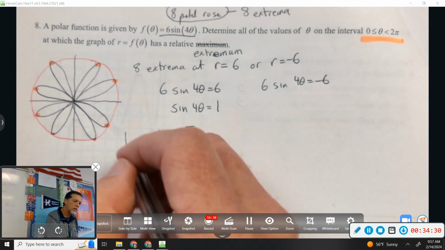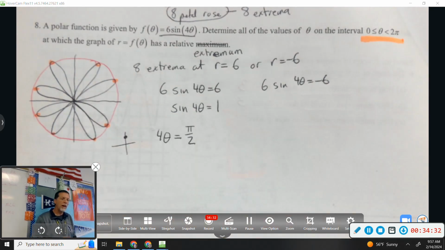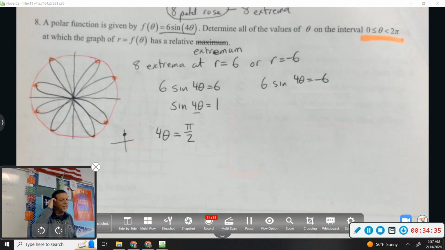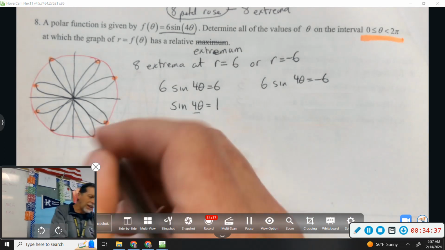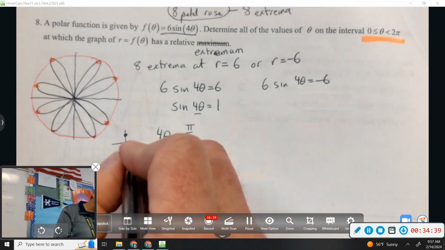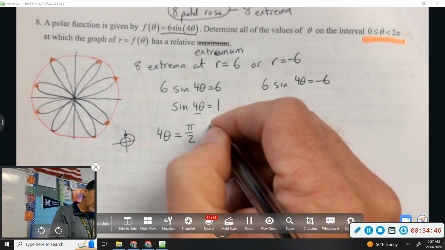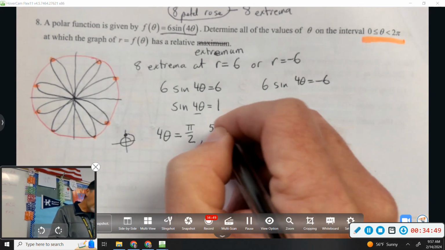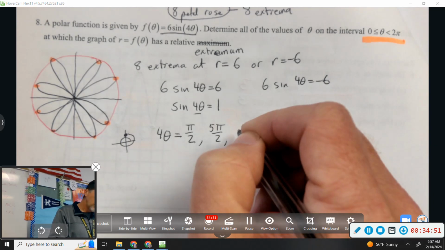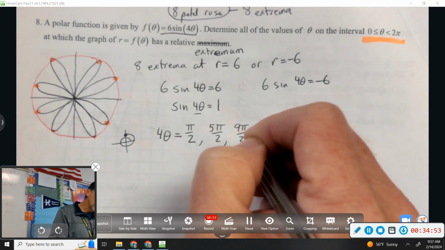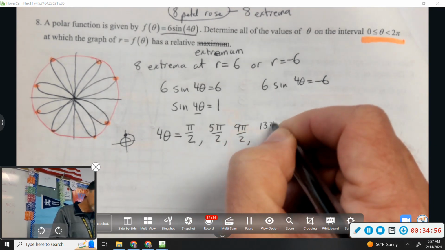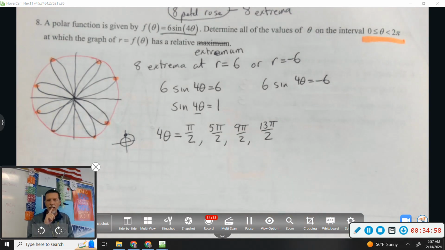Now, because of the 4, though, I need to start going around more than once here. So pi/2 plus 2 pi, that would be 5 pi/2, and 9 pi/2, and 13 pi/2. And how do I know to stop at 13 pi over 2? There's two ways to answer that question.